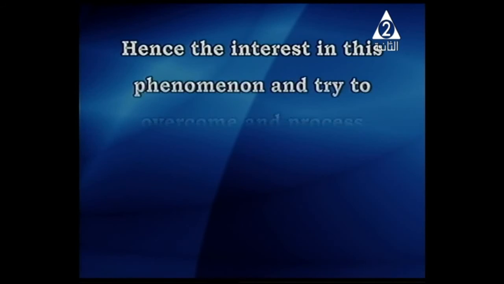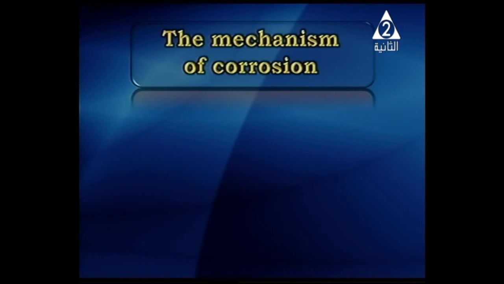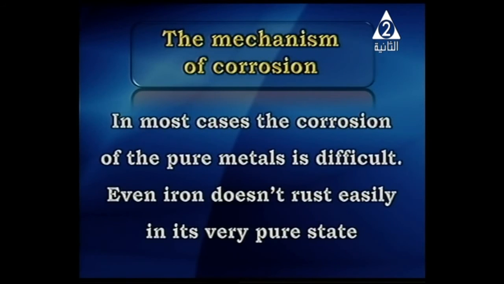So I need many things. Hence the interest in these phenomena, and the attempt to overcome the chemical corrosion of these metals by environmental effects, known as rusting. Now the mechanism of corrosion: how does this corrosion make the metal lose material?